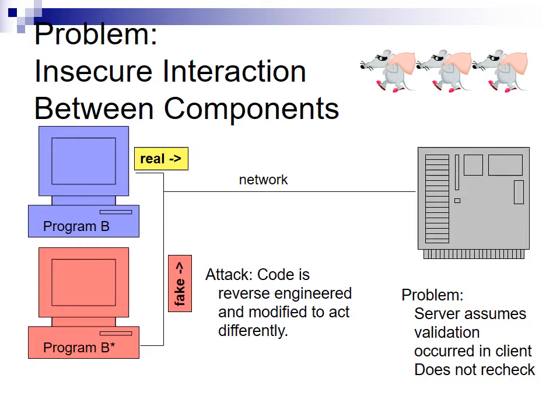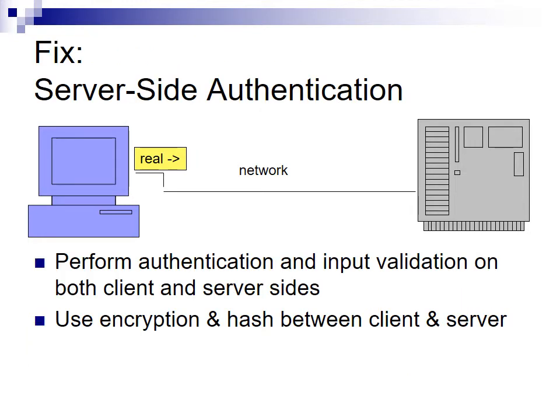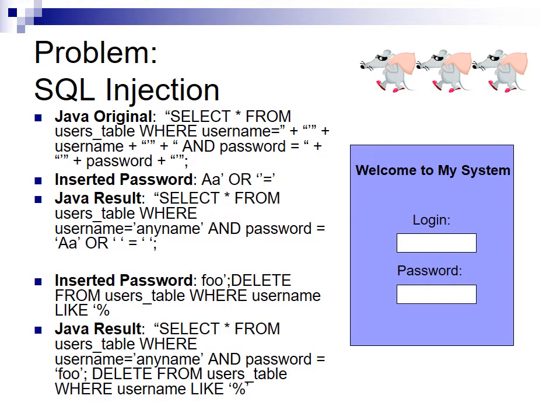From the client machines to the servers, whatever the interaction, encoding or decoding takes place on the server side or client side, and we have to verify that. Server side authentication is also a fix, and we can use proper encryption in order to have a secure tunnel between client and server.